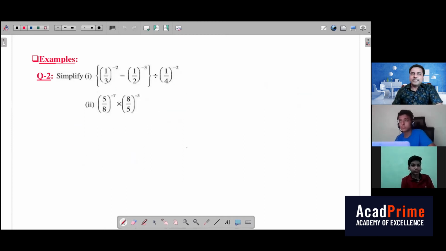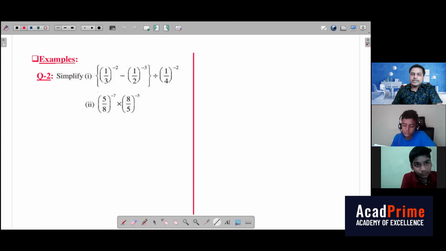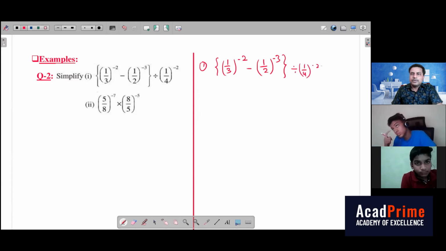We have been given the first question as we have to simplify this one. I'm just using the properties of the exponents and powers to solve this. The first question has been given as curly bracket, (1 by 3) raised to the power minus 2, minus (1 by 2) raised to the power minus 3, and the bracket is closed, and then we have to divide by (1 by 4) raised to the power minus 2.